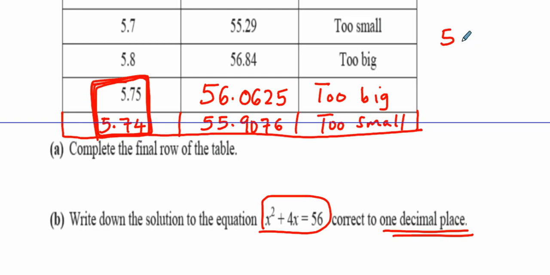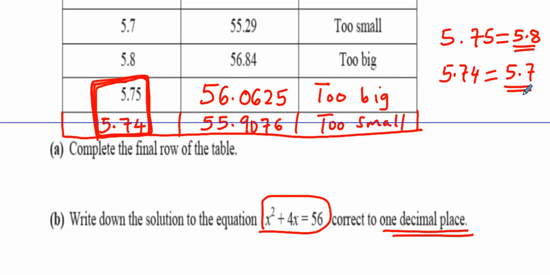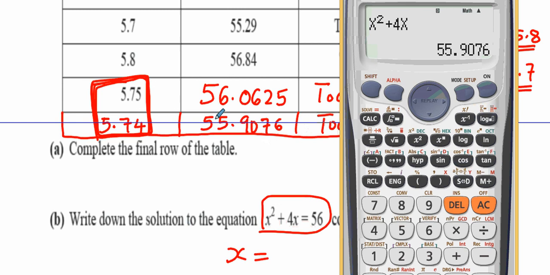If we take 5.75 and round it correct to one decimal place, we get 5.8. If we take 5.74 and round it to one decimal place, we get 5.7. Now, should we take 5.8 or 5.7 to be the value of x? This is where we need some logical thinking.